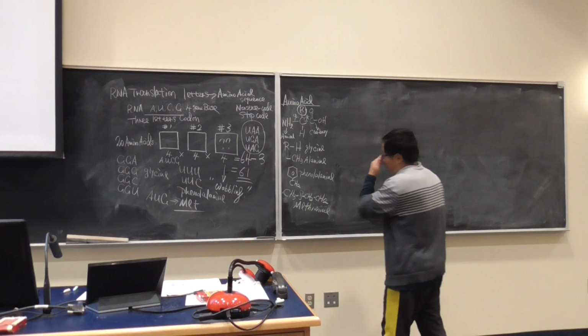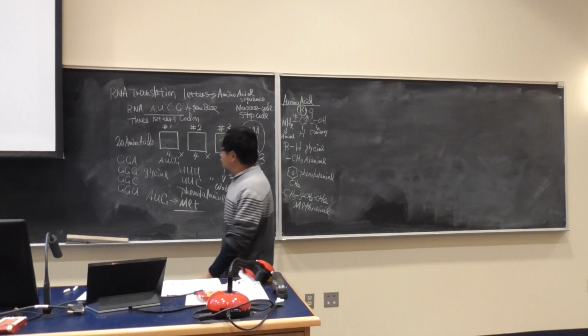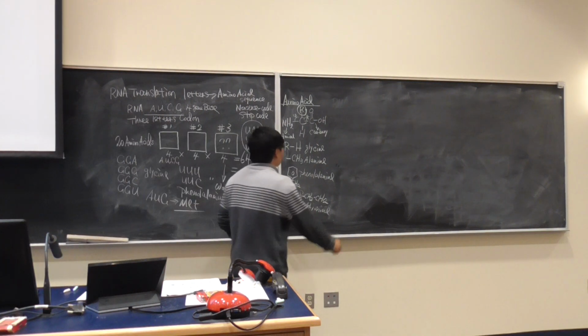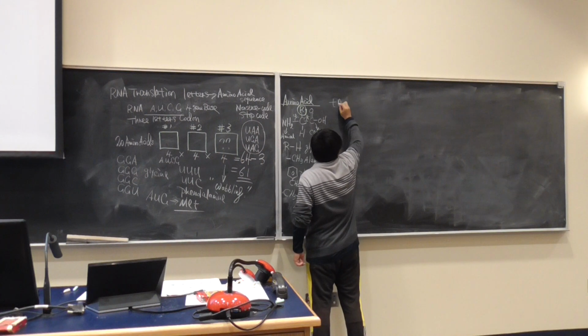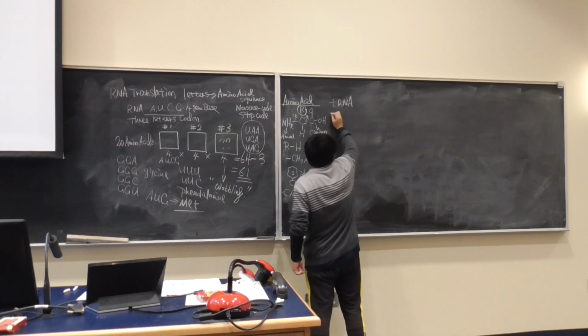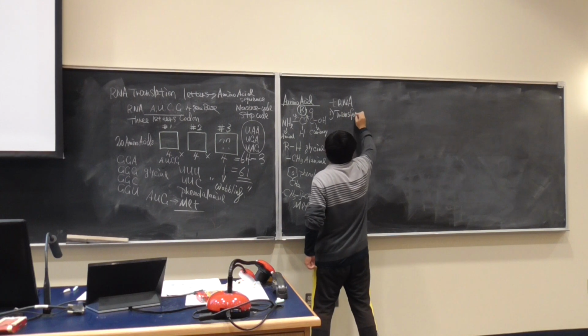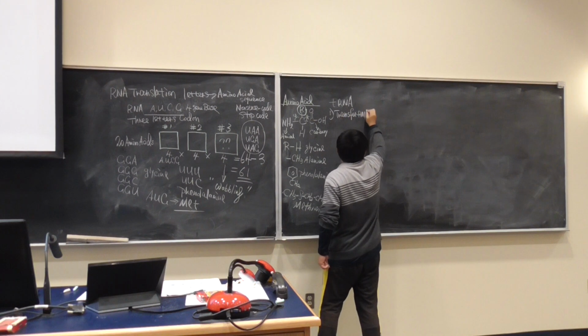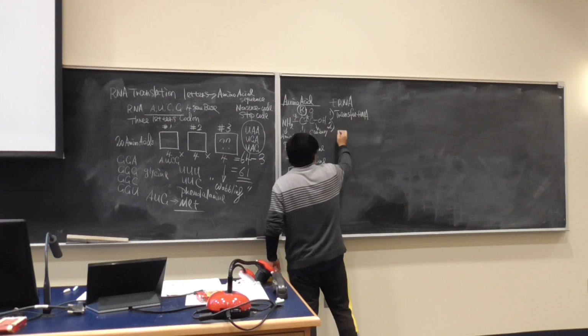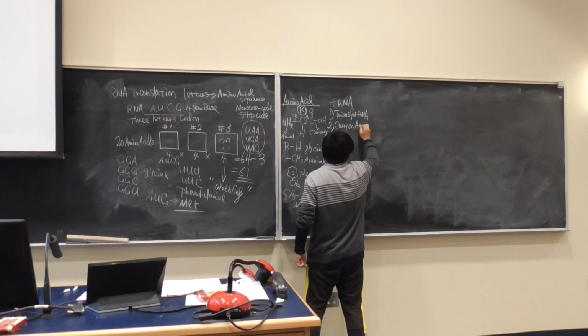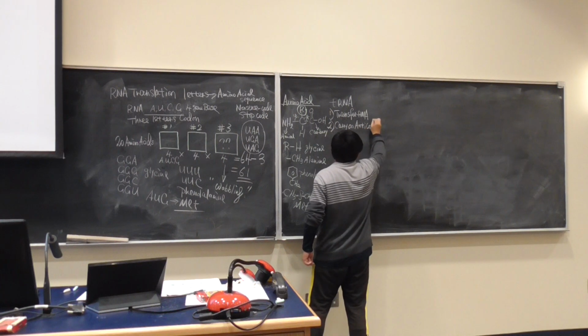Second, when we talk about RNA translation, there is a big chunk you need to know, which is tRNA. What is tRNA? First of all, this is called transfer RNA. Transfer RNA, you always remember, carries the anti-codon. It is not the codon.